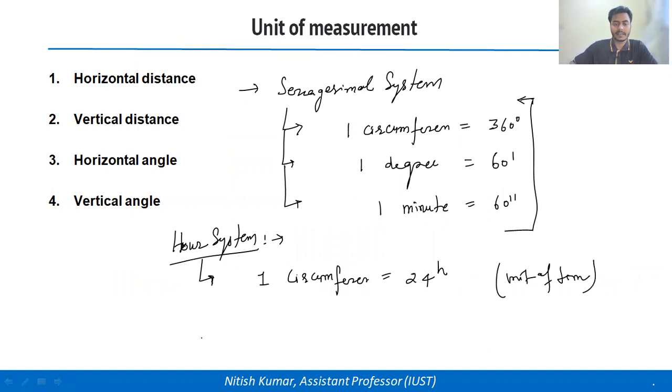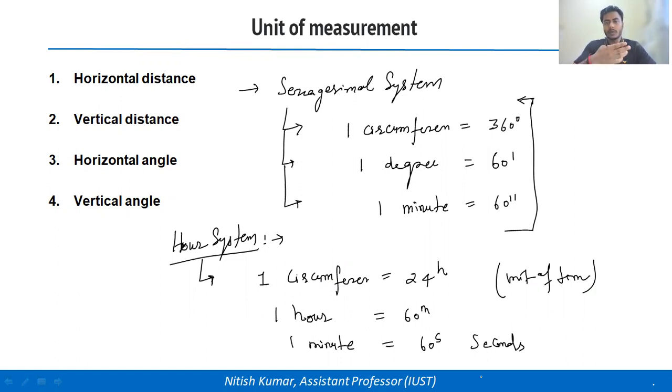According to time, 1 hour is equal to 60 minute, and 1 minute is equal to 60 seconds. So one circumference is equal to 24 hour, 1 hour is equal to 60 minute, and 1 minute is equal to 60 seconds.